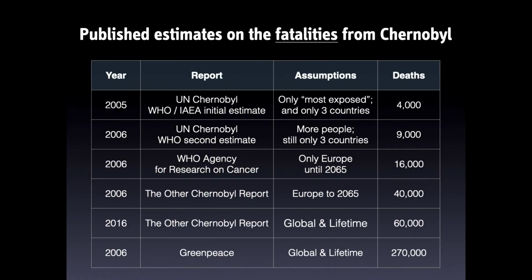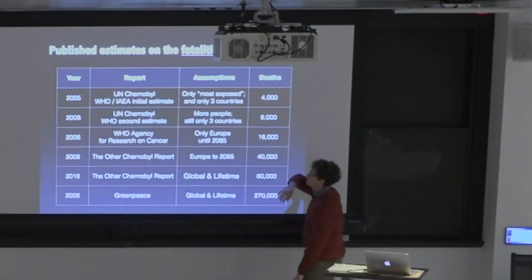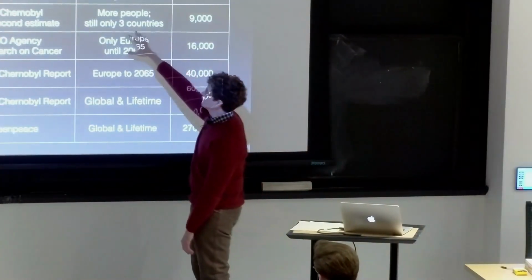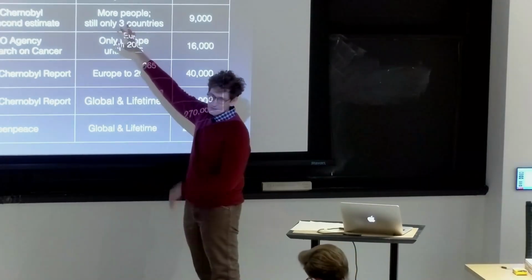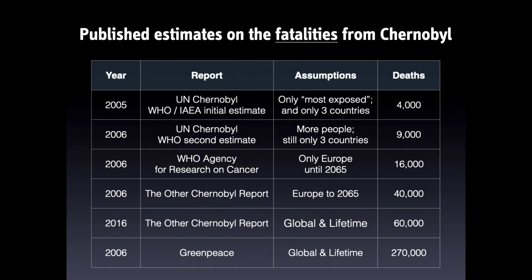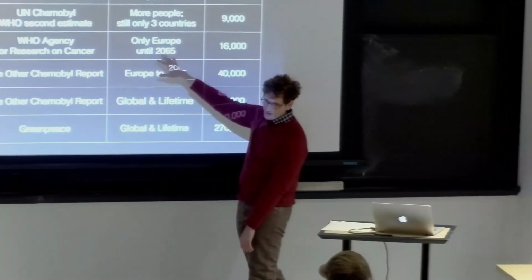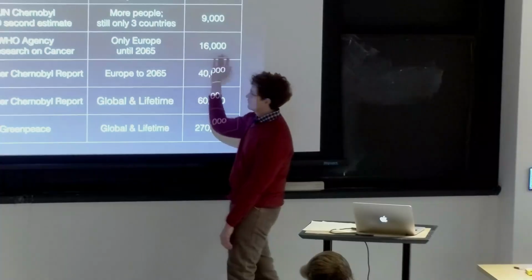There's a study done by the UN Chernobyl people that was actually done pretty shortly after, reported in 2005. Then they said, we'll look at all people, not just the most exposed populations, and then that number went up to 9,000. Then the World Health Organization's International Agency for Research on Cancer came up with a number up until 2065, only Europe, of 16,000.